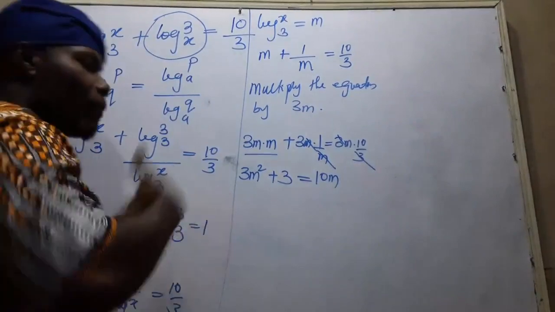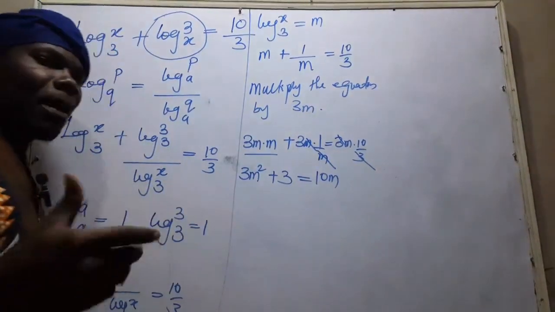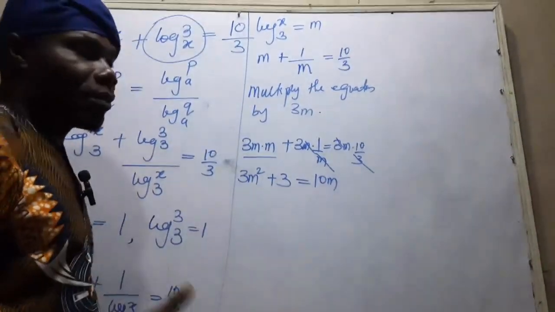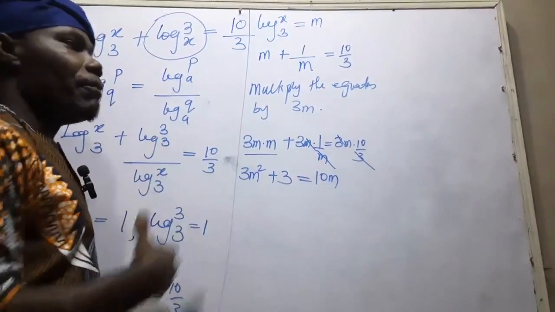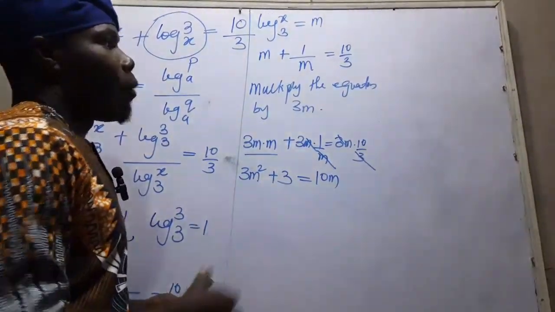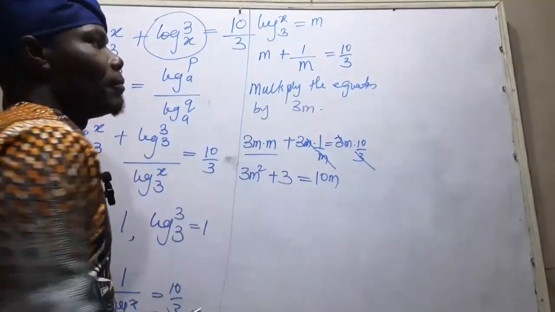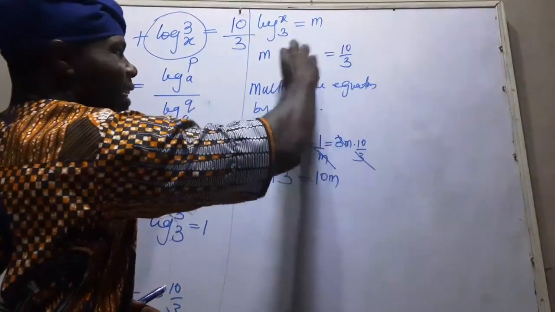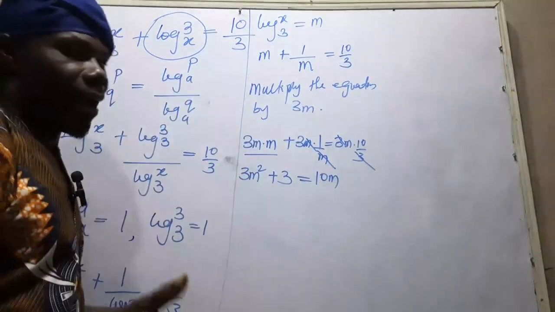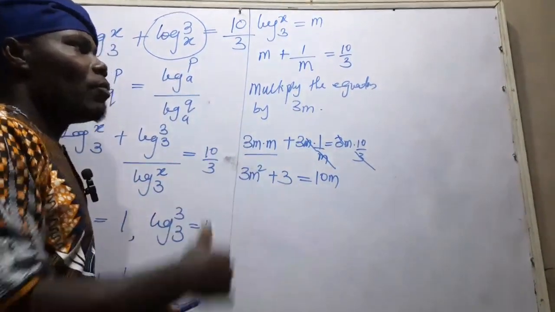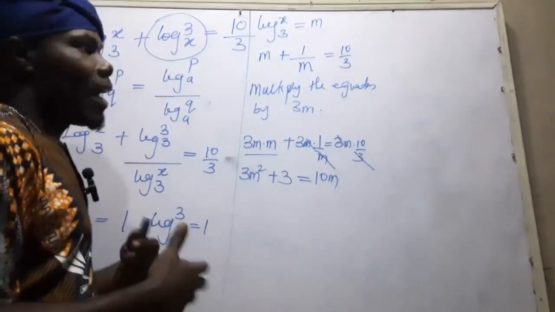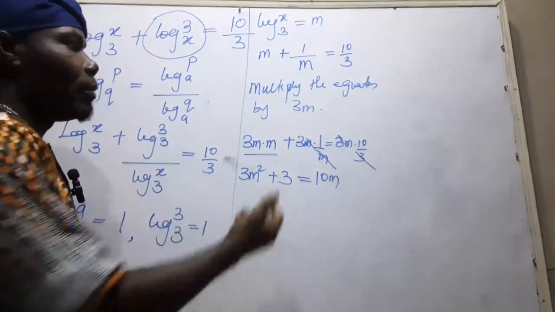Before I move further, maybe for the mind of a layman mathematics student or somebody that just viewed this video: why am I multiplying by 3m? I want to turn these two fractions to linear form, so I must multiply with the lowest common multiple, which is 3m.